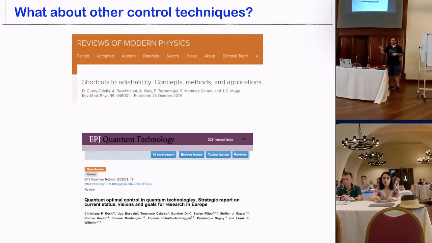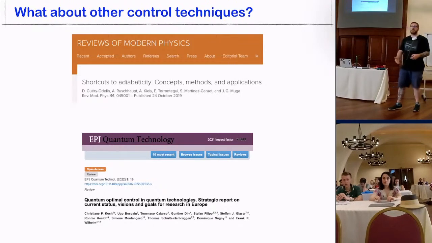I mentioned a little bit this inverse engineering. The approach to inverse engineering we went through there was, again, the very simplistic version of it. There are much more refined ways of inverse engineering the dynamics. But that's also not the end of the story. There are all these newer techniques like variational control, and there's something called adiabatic gauge potentials, which are really cool.